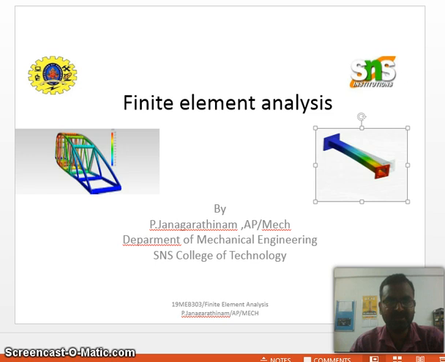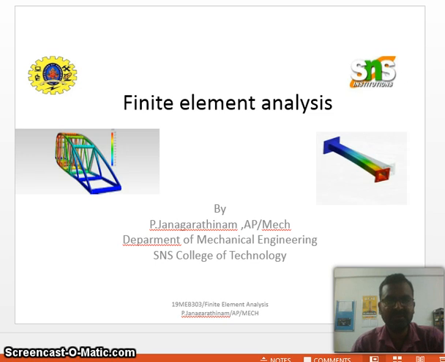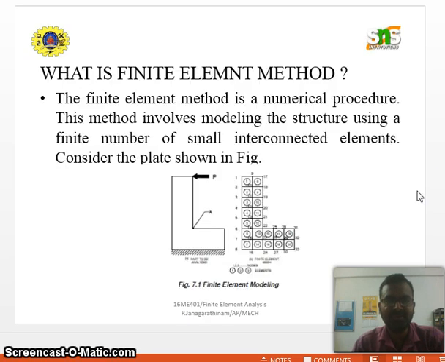This finite element method involves modeling the structure using a finite number of smaller interconnected elements. Consider the problem of an L section, where we apply a point load of P on the topmost section of the L section. This is the general problem given in our assessment.